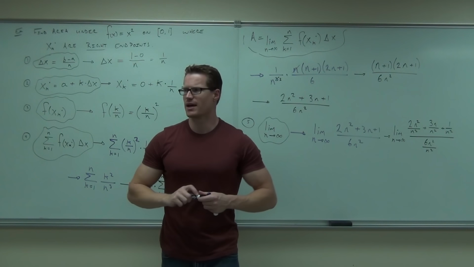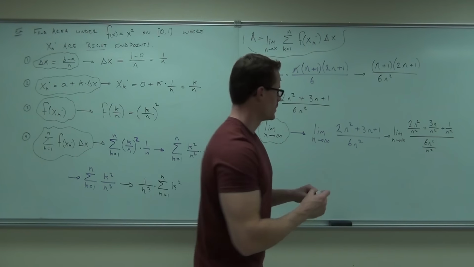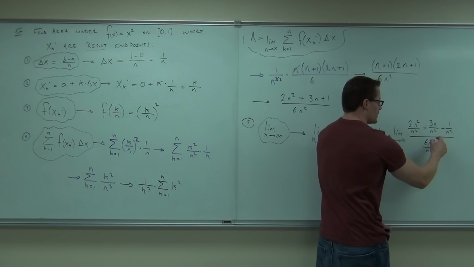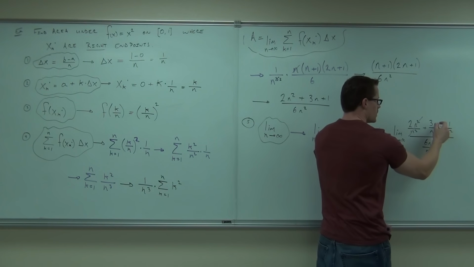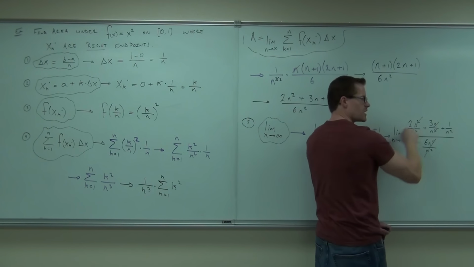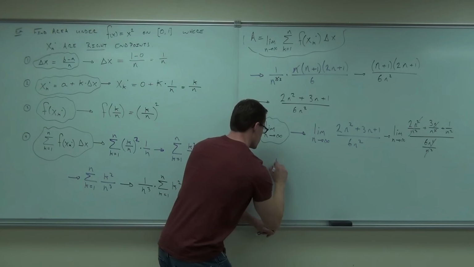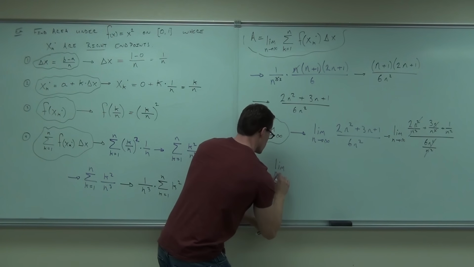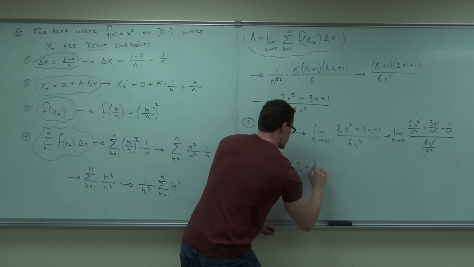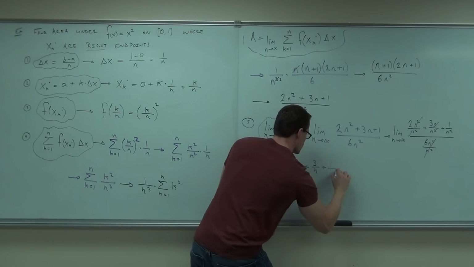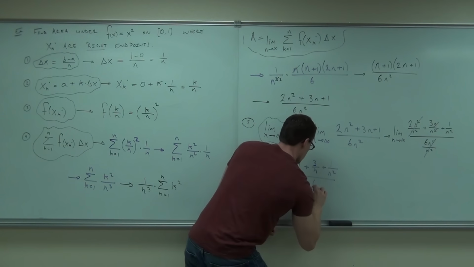Do you remember me teaching that from a while back? And what we do is we simplify what we can. These n squareds are gone. These n squareds are gone, but this one's not. That just becomes an n. So this is the limit of 2 plus 3 over n plus 1 over n squared all over 6.